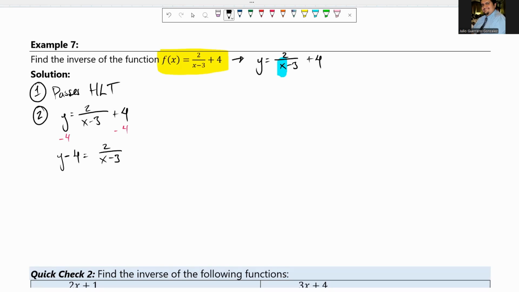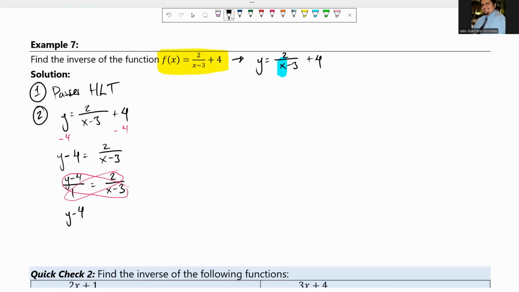I can grab anything I want and put it over 1. From here, I can do a cross multiply. Got it?